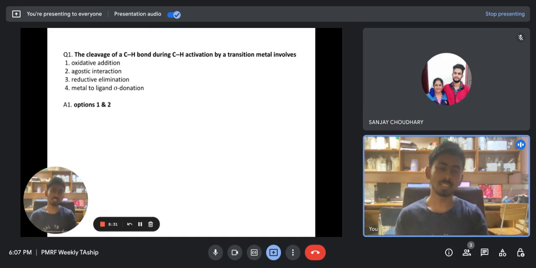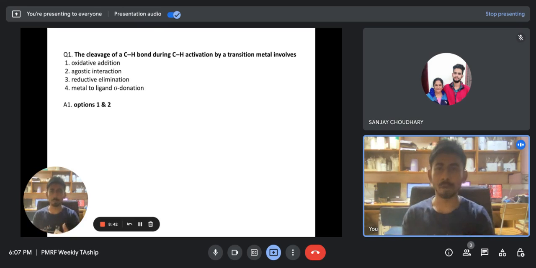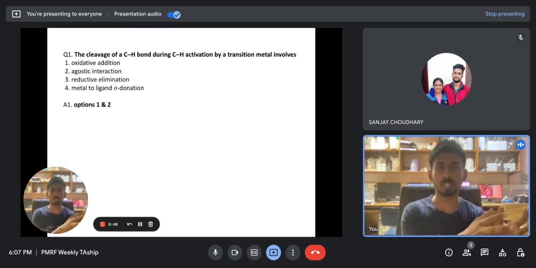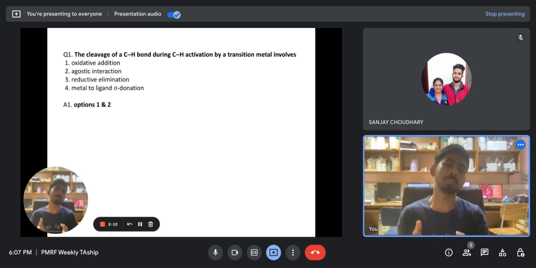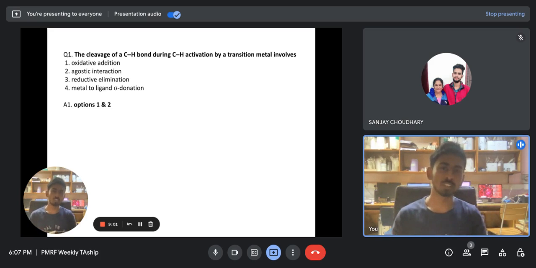In oxidative addition, a carbon-hydrogen bond or any C-X bond gets oxidatively added to the metal center. But in reductive elimination, these two moieties get combined, and the transition metal center comes down by 2 in oxidation state. So if a metal is present in oxidation state +2, by reductive elimination it will come to oxidation state 0, and the reverse is true for oxidative addition.